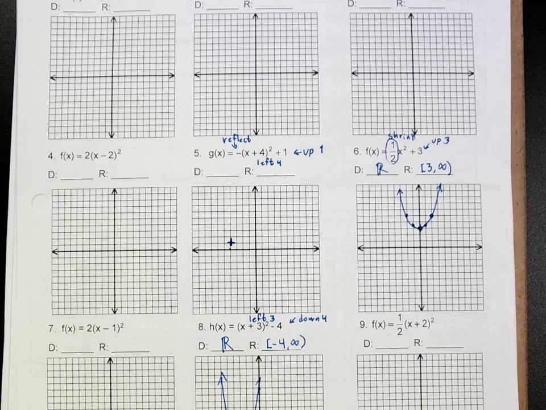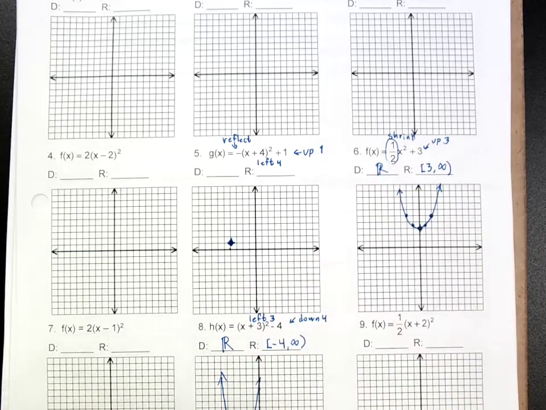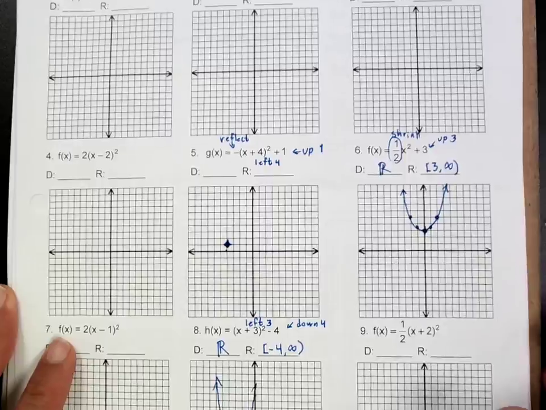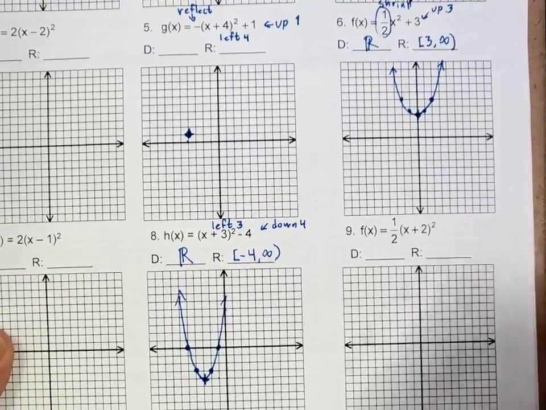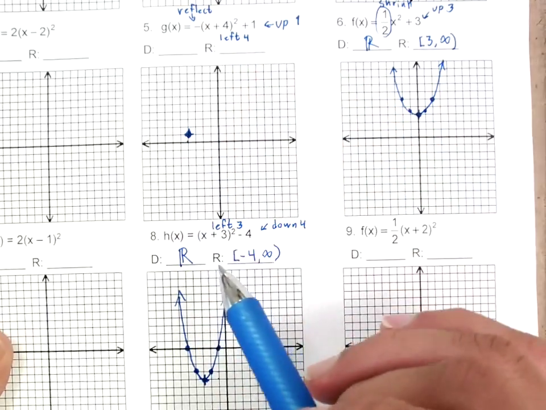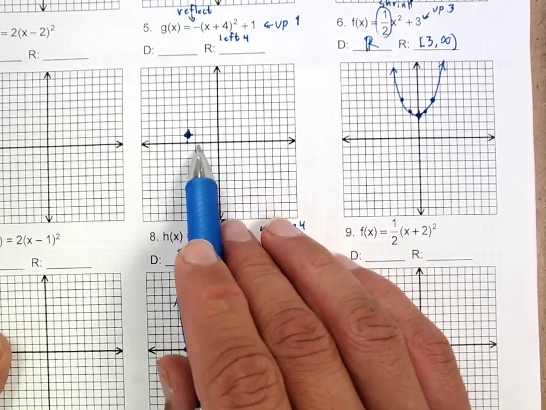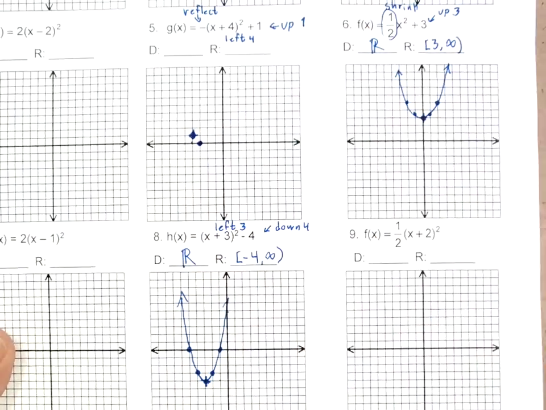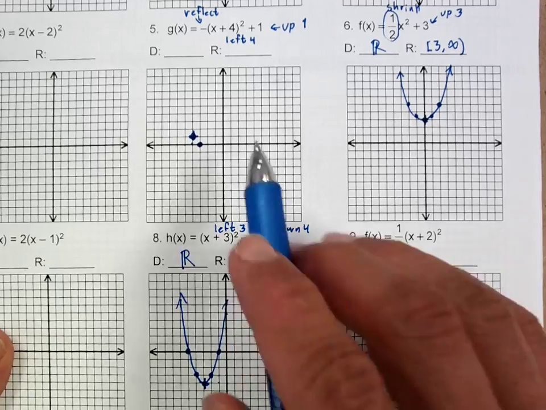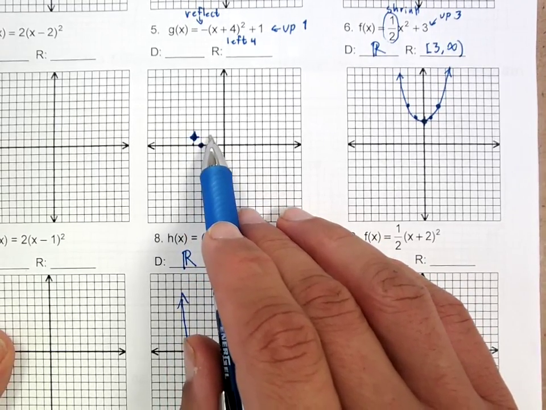That's where my very first point is going to be, 0, 0. And notice that I'm being reflected. I'm upside down, because I have a reflection here. So from that point, I'm going to move over to the right 1 and down 1. On the next one, from this point for my fake origin, I'm going to move to the right 2 and down 4.